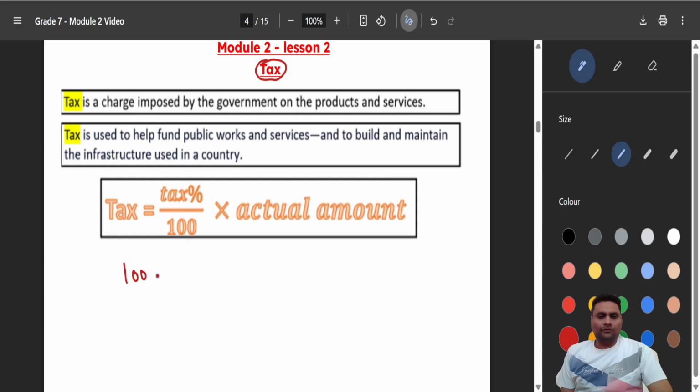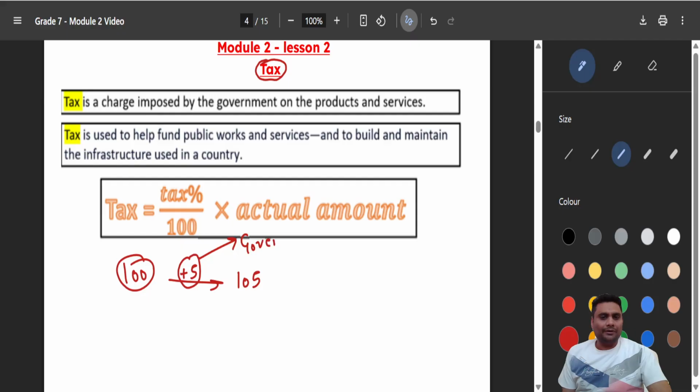When you go to the cash counter and ask him to do the bill, your final bill will be more than 100 dirham. You will see that he has added 5 to 10 dirhams in it, and he will ask you to pay 105 dirhams rather than 100 dirham. Why? Because this 5 dirhams, this amount, goes to the government.